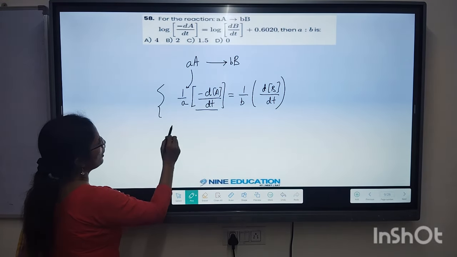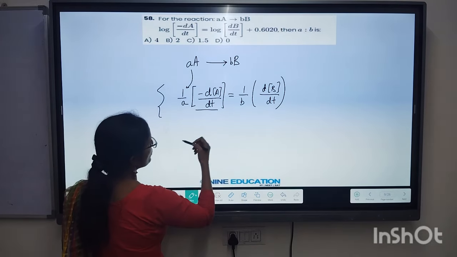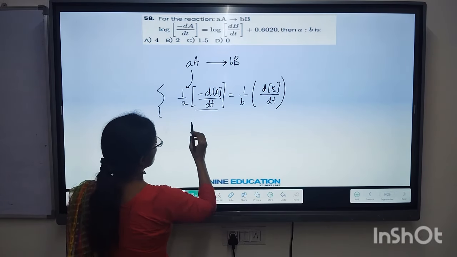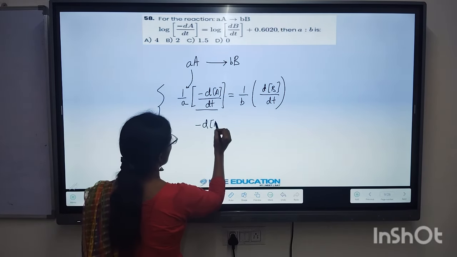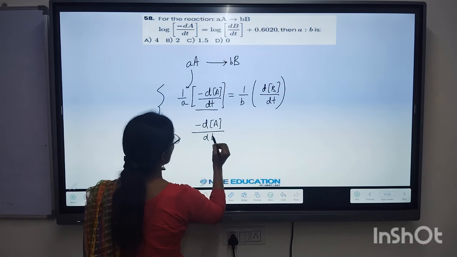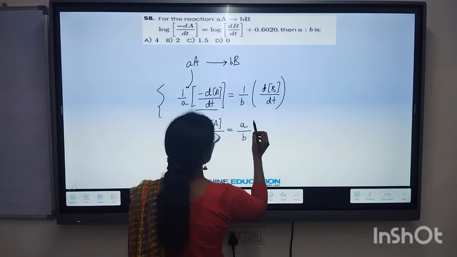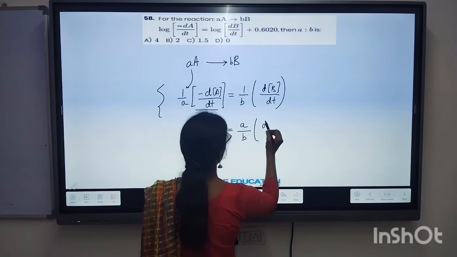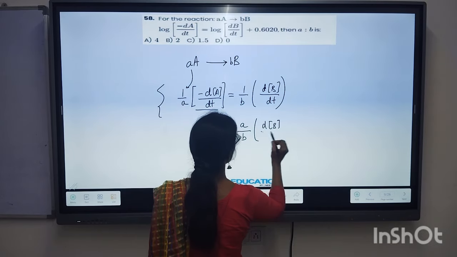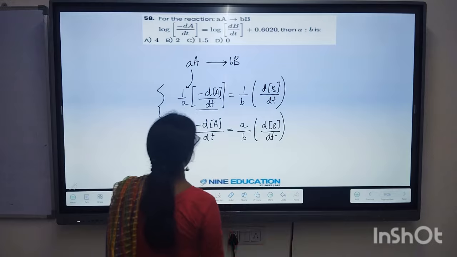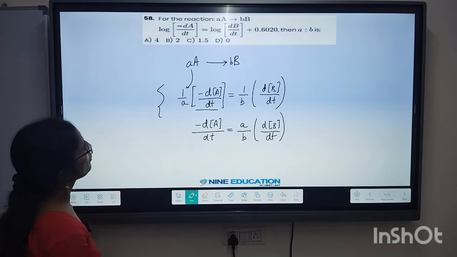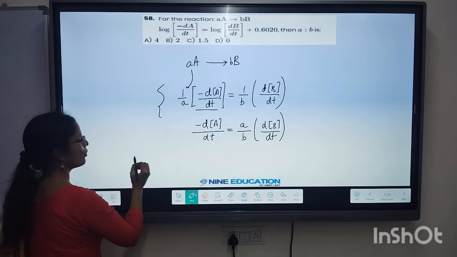Now we can take A to the other side. So minus dA by dt will be equal to A by B times dB by dt. As they have given a log equation, we can take log on both sides.